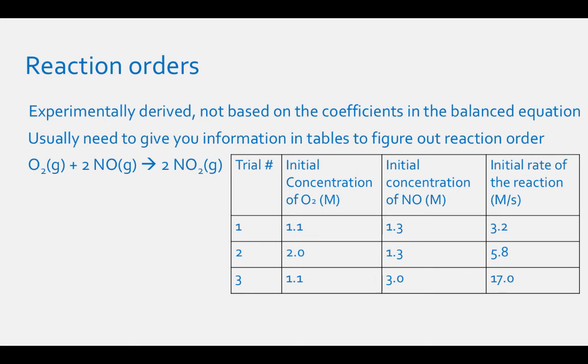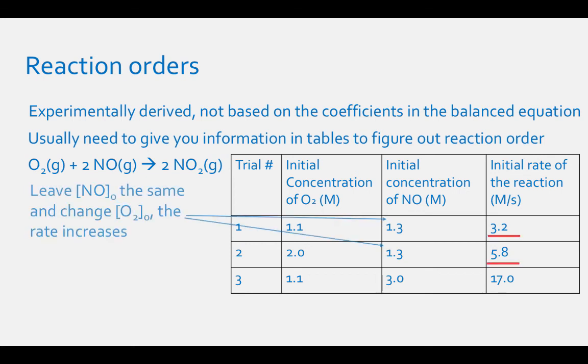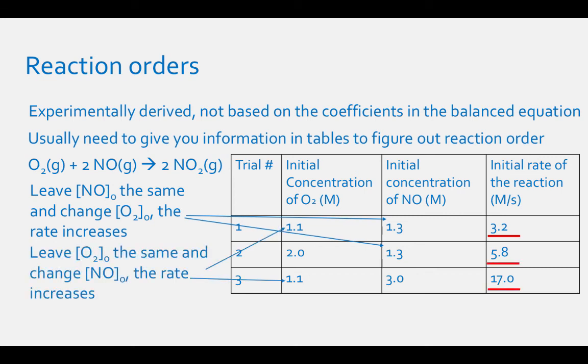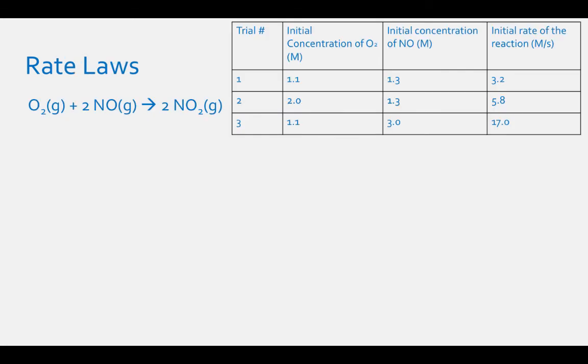We see that if we leave the concentration of NO the same and just change the concentration of O2, the initial rate of reaction increases. Also, if we leave the concentration of O2 the same and change the concentration of NO, the initial rate of reaction also increases. We conclude that the initial rate is proportional to the concentrations of O2 and NO.